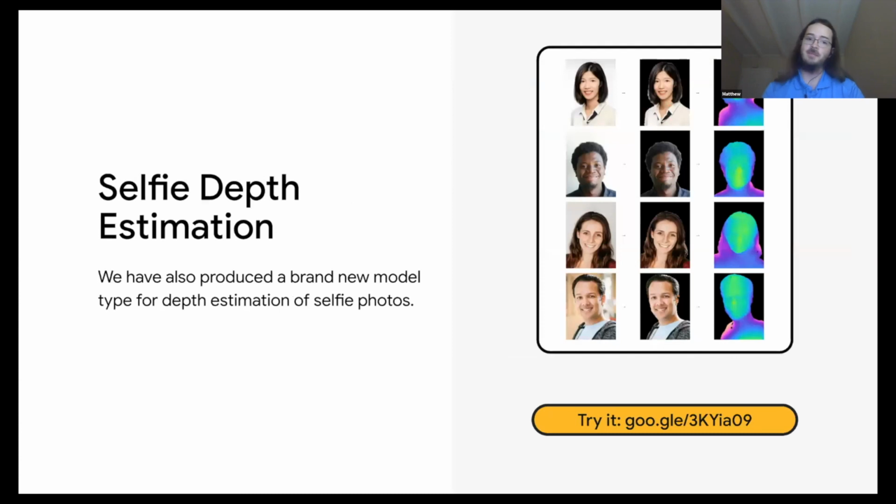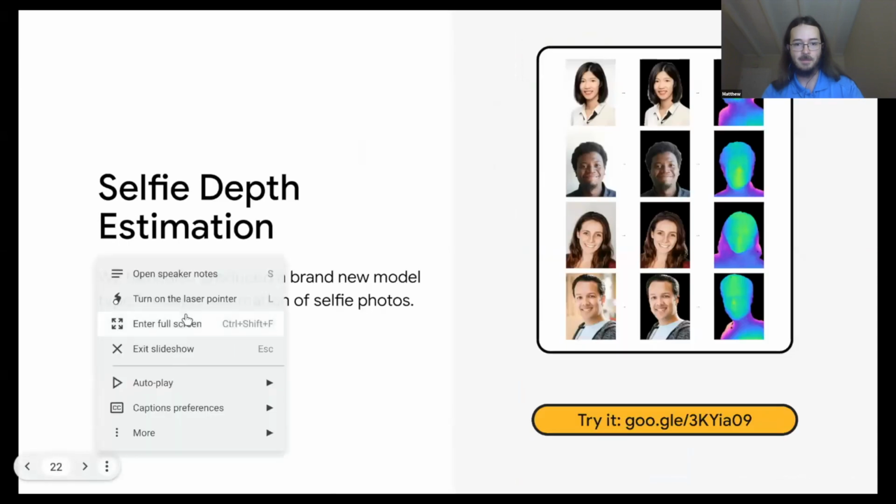And for a more in-depth look at what can be done with faces, we now have the selfie depth estimation model. And this is capable of estimating the distance of each pixel in the scene from the camera that's taking the picture.